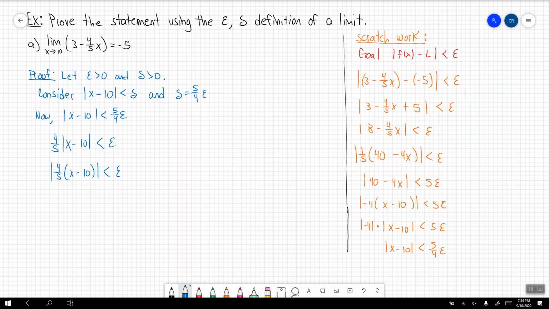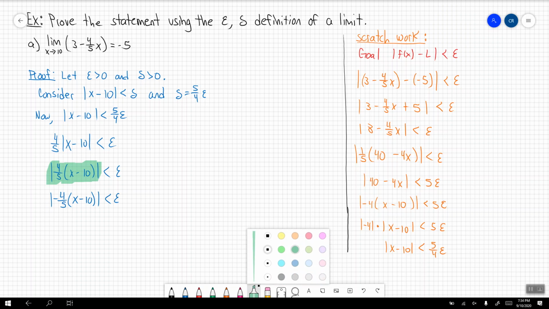The trick here is that these two statements that I will be highlighting right now, the first statement and the second statement, are exactly the same statement, because the absolute value will be able to eliminate the factor of -1. It turns out that both of them are equivalent, which then tells us that I can keep working with the last statement.